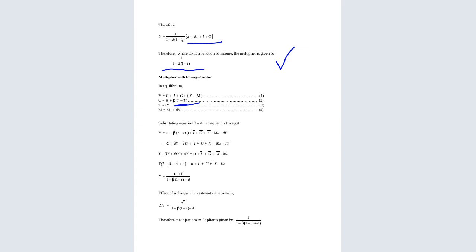And our imports depend on our level of income. So we have the autonomous imports, and we also have the part that depends on income. From equations 1, 2, 3, 4, we can now have a comprehensive model for income determination.